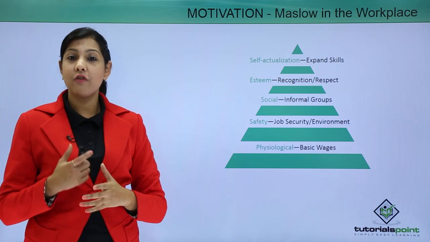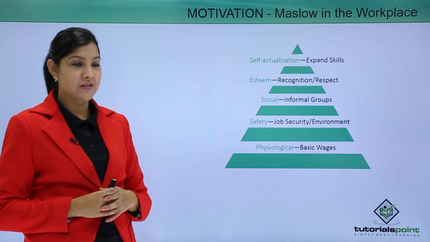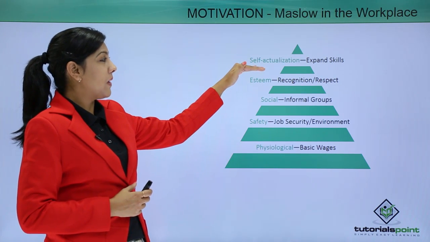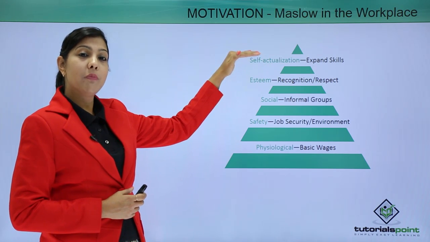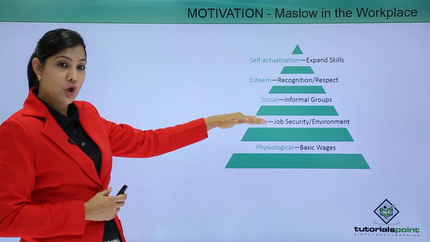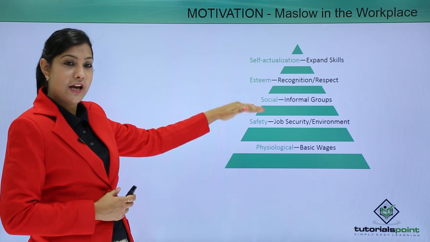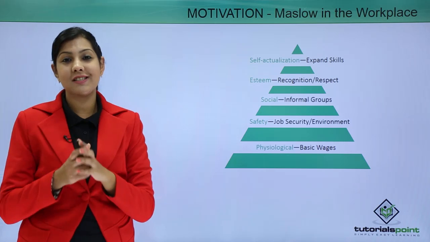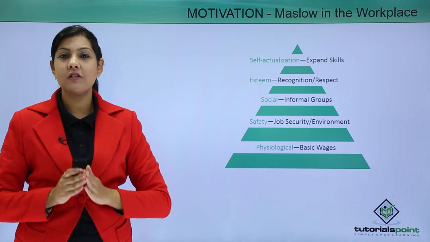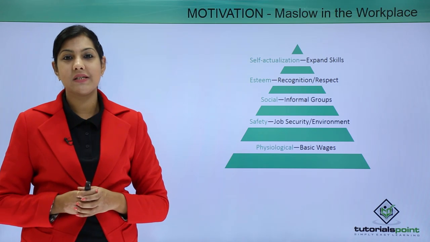He will have a lot of self-respect and he will be somebody who will recognize his own confidence. Coming to the last part of this particular pyramid, which is self-actualization. Now for a person who has had security, physiological need, social and esteem taken care of, he comes to the self-actualization state, which is a state wherein he can focus on his work, expand his skill set and really be confident and motivated at work.